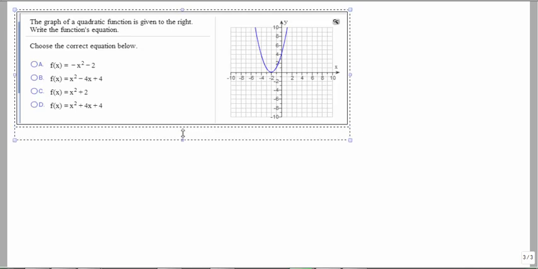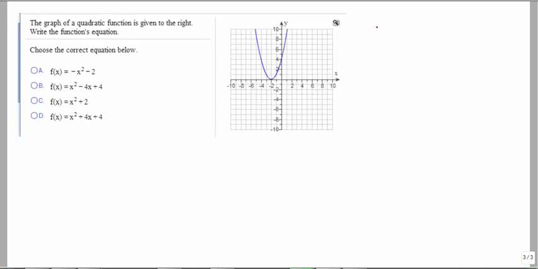Okay, now here it says choose the correct equation below. But if you notice, what's happening here is I know my vertex, and the vertex is the point (-2, 0). But these aren't in standard form, so that's not very helpful to me. So I might want to think about the vertex as also being, in this particular case, the x-intercept.